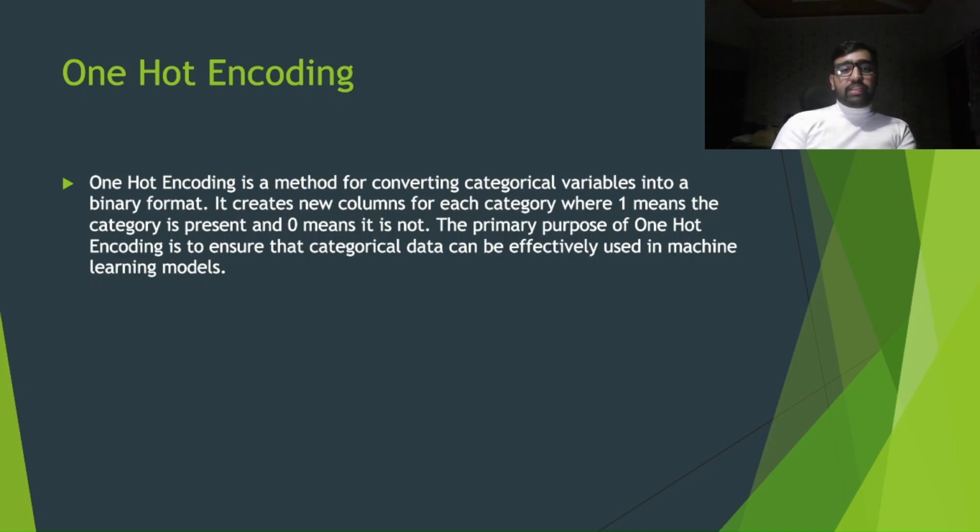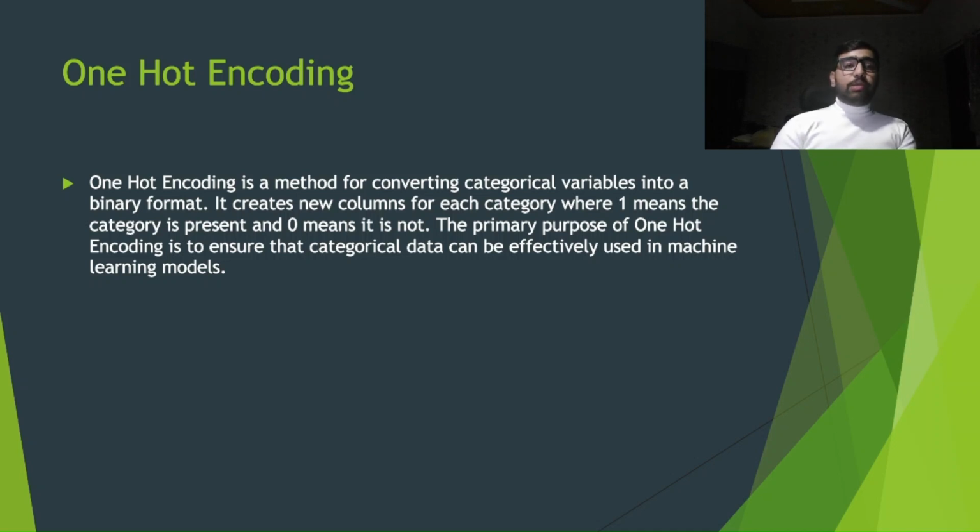One-hot encoding is a method for converting categorical variables into a binary format. It creates a new column for each category, where 1 means the category is present and 0 means it is not. The primary purpose of one-hot encoding is to ensure that categorical data can be effectively used in machine learning models. The major reason for using one-hot encoding here is that most machine learning algorithms can only work on numeric data.